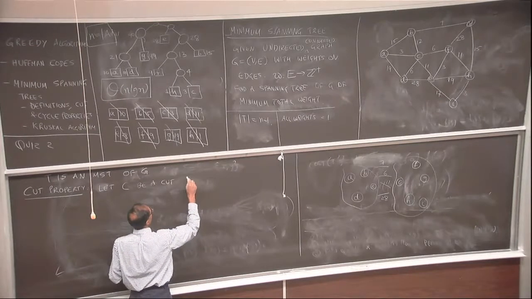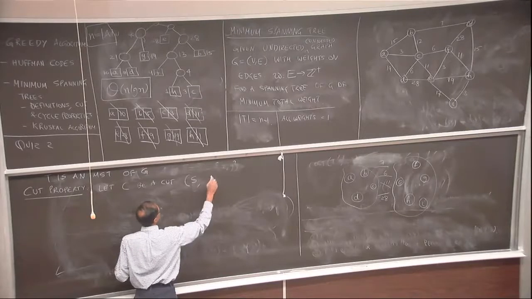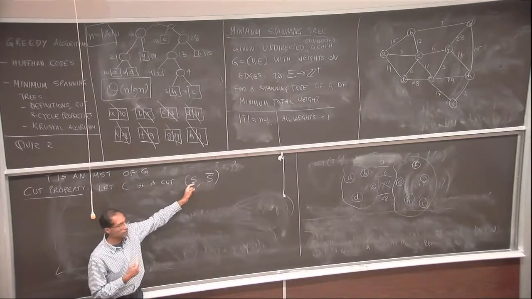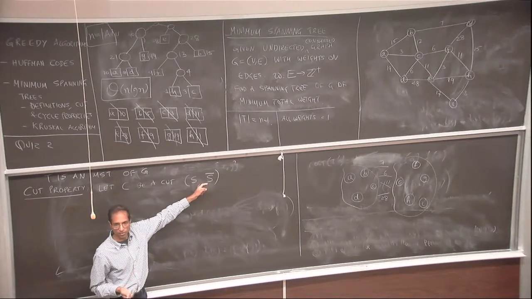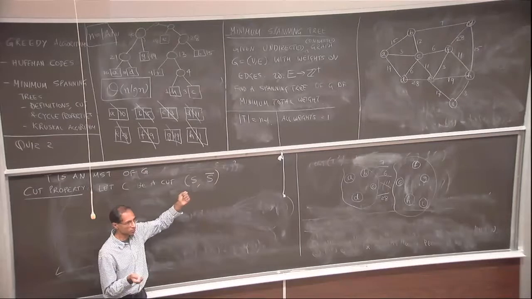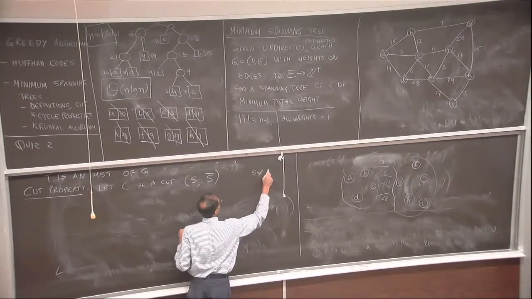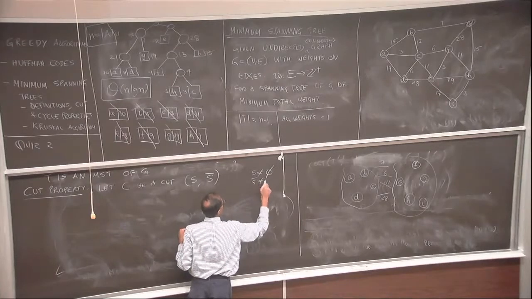So the way we sometimes write the cut is S, S complement. S is the set of vertices on one side, S complement is the set of vertices on the other side. And neither of these should be empty. Okay, something has to be there in each side. S is not empty, S complement is not empty.